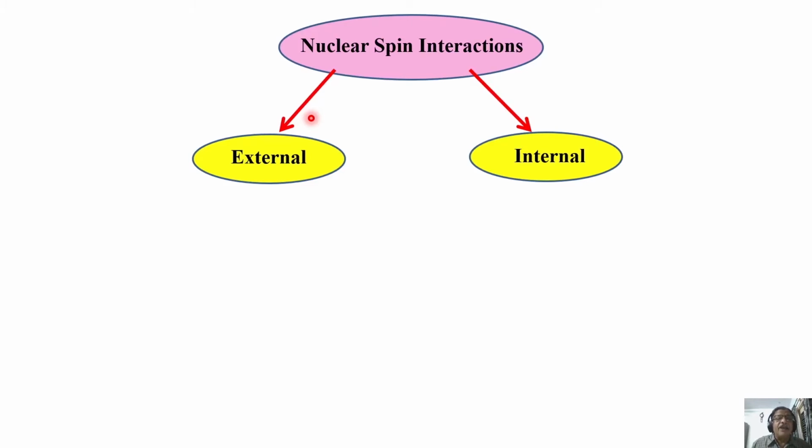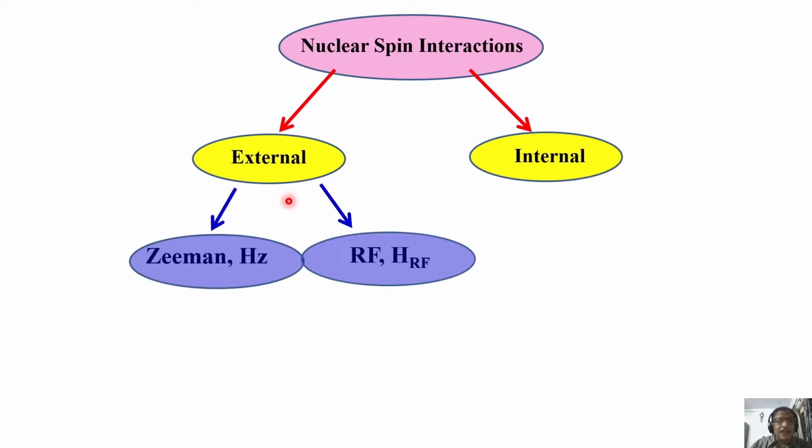As I said, NMR spectroscopy requires a huge external magnetic field. And this was the first and foremost external interaction, which we have already discussed, which we also called as Zeeman effect. This is a Zeeman interaction. Second, you remember, you put the sample in the magnetic field, the spins get aligned.